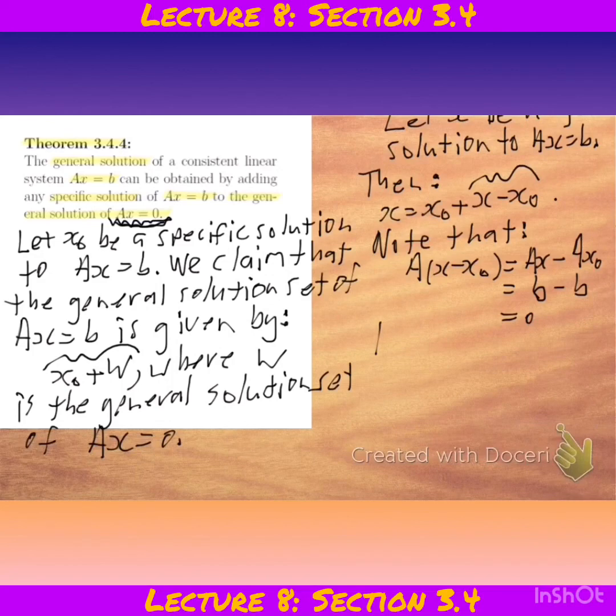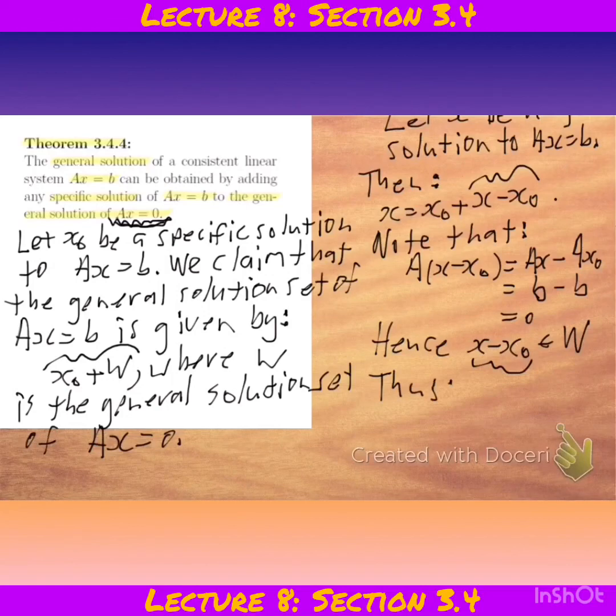Hence x minus x0 is in W, because x minus x0 is a solution to the homogeneous system.